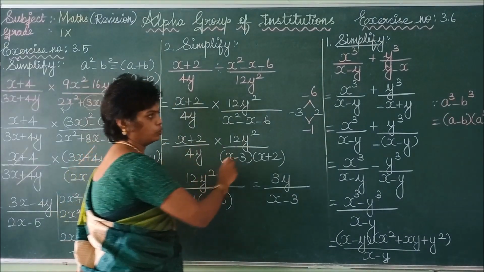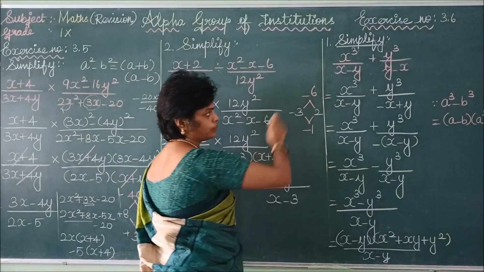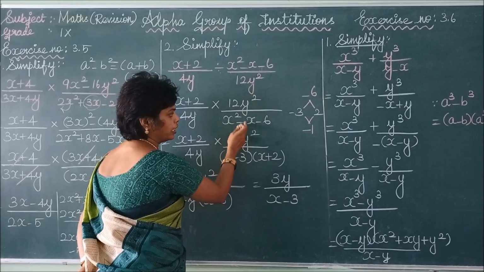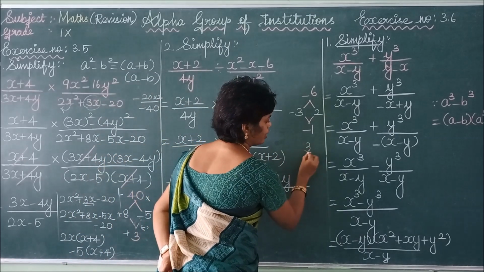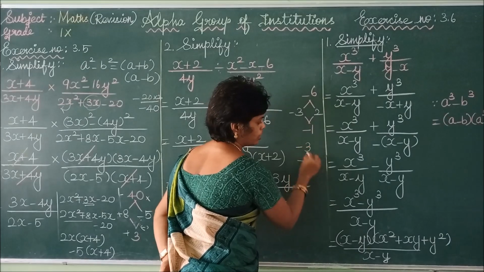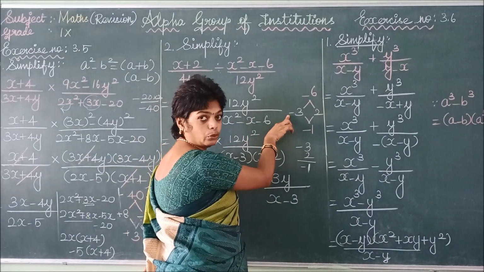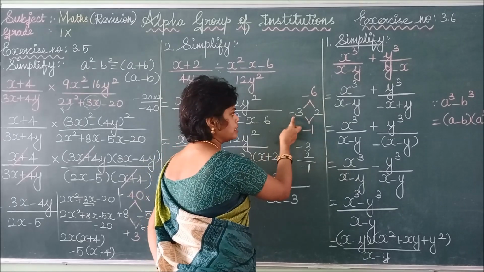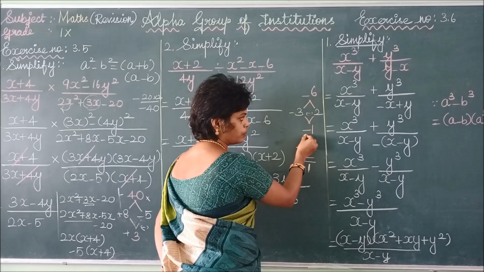We can take 3 and 2. 3 twos are 6. If you put minus on only one, it will come as minus. Then check the x coefficient, that is minus 1. If the bigger value is negative, when you are subtracting you get the value as negative 1. That's why I am keeping the negative with the 3. So minus 3 and plus 2. When you are subtracting these two values, you will get the result as minus 1.